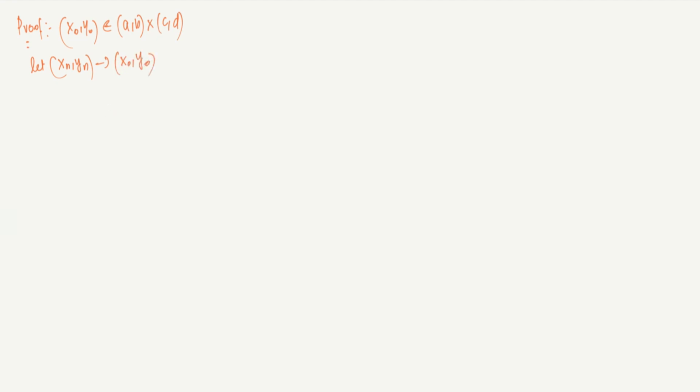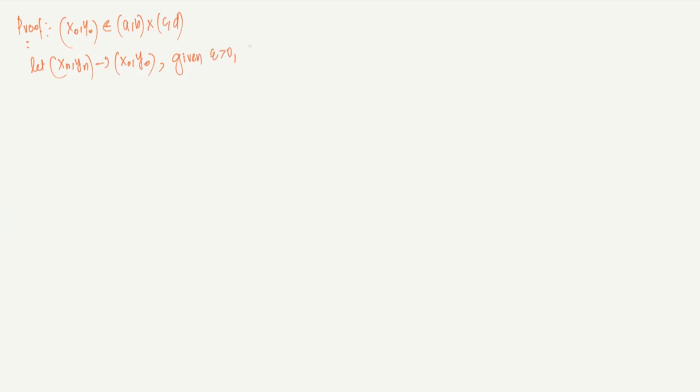Is it okay? Now, if that happens, what does that mean? What is the mathematical meaning of it? It means that the norm of x_n minus x_0... let me put it this way, I'm just giving you the definition.